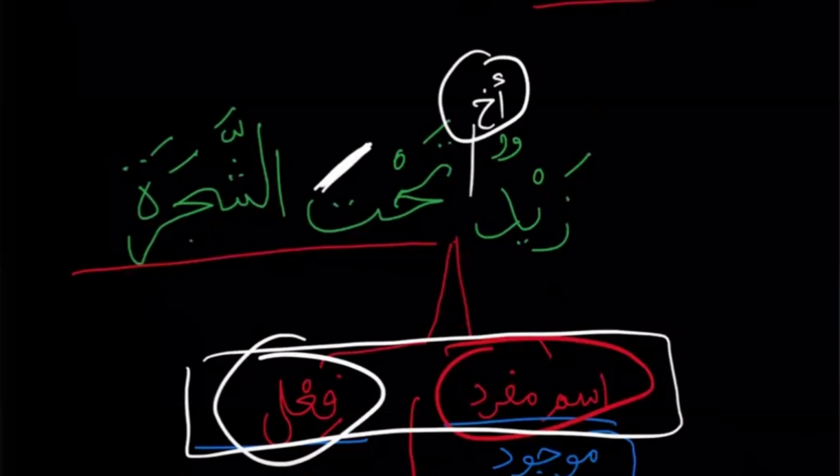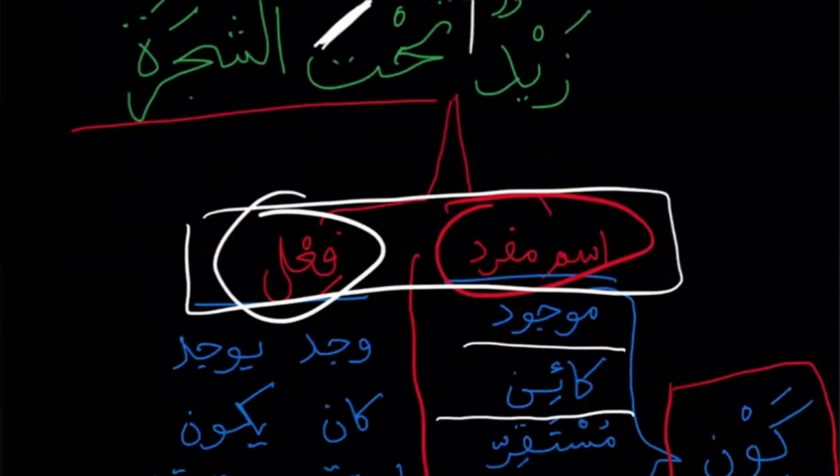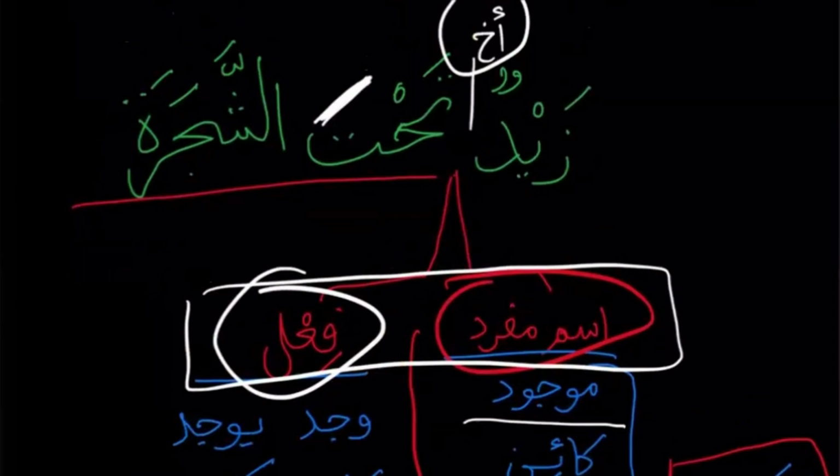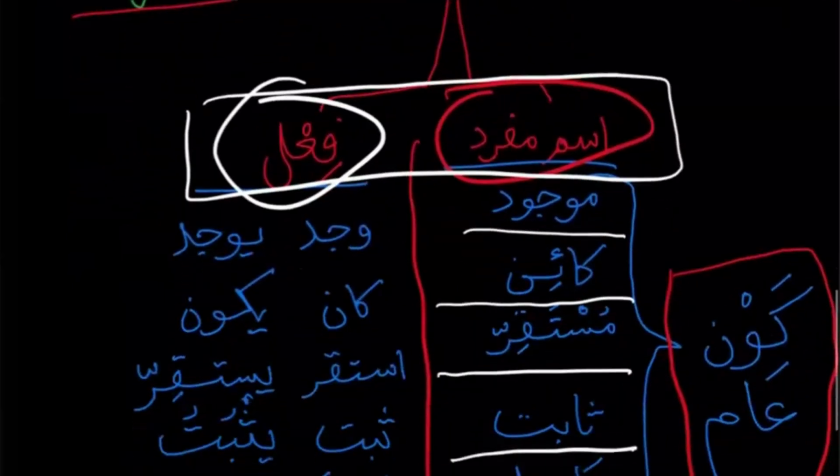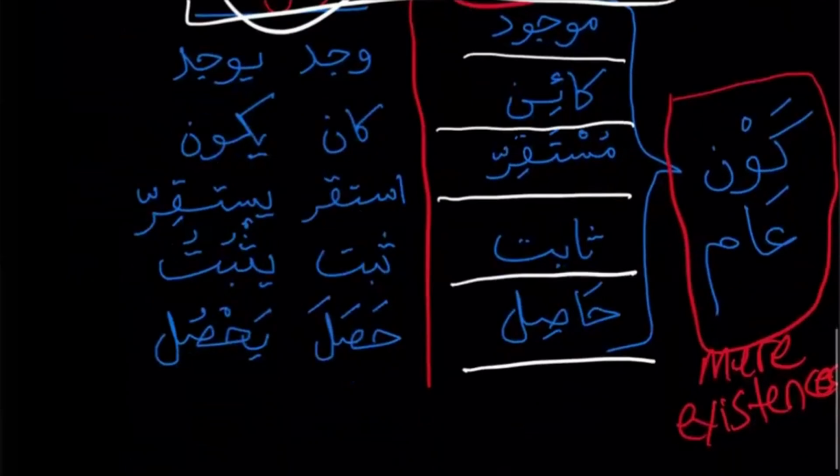So that's a subject and a predicate, fi'l wa fa'il. So if we say the taqdir is a fi'l, then what we're really saying is that the taqdir in Zaydun tahta shajara is a jumla, that the khabar is a jumla. So the taqdir for this case is either ism mufrad or a jumla. Is that clear? Yes.